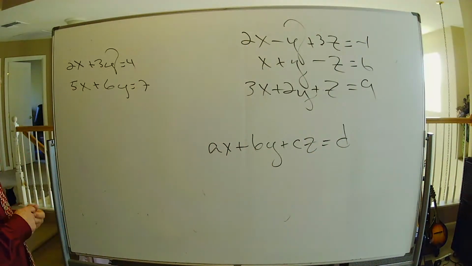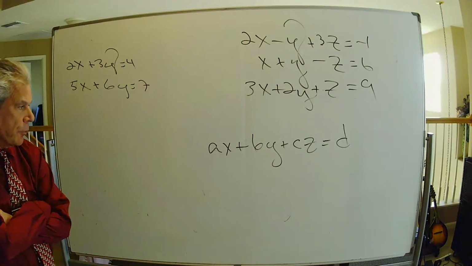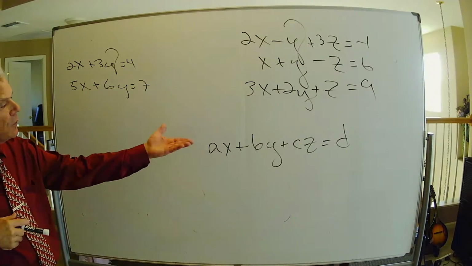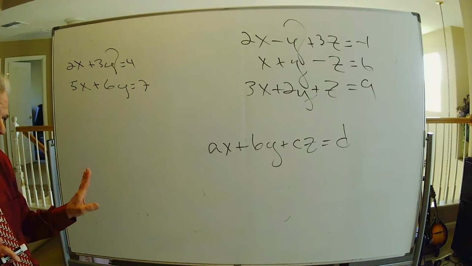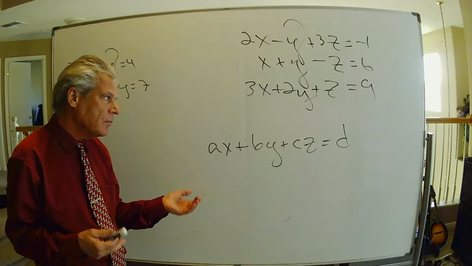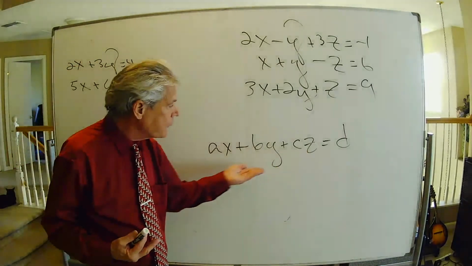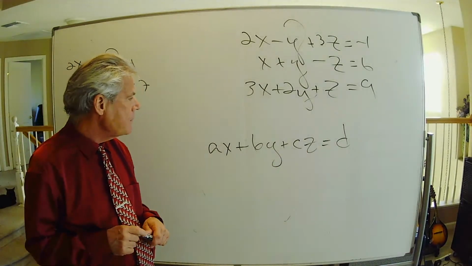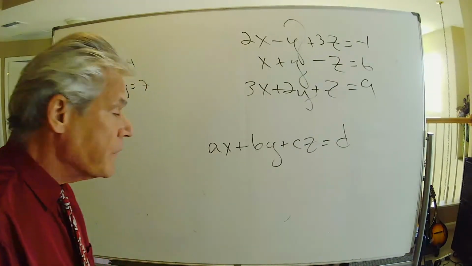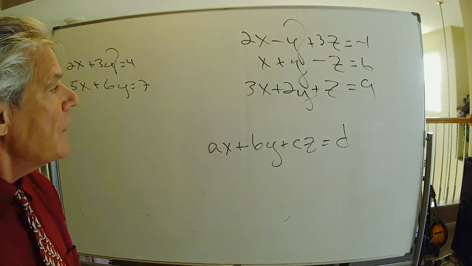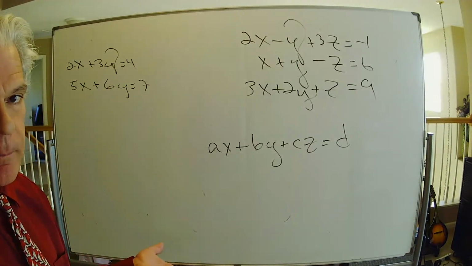Only three variables for that. I'm going to make the assumption you have seen that before. I can't tell you why this equation is a plane yet. I've got to talk about a dot product prior to discussing that. But if we could just, at this stage of the game, understand that an equation is formed where x, y, and z are variables, a, b, c, and d are mere real numbers, they could be 0, that represents a linear equation in three unknowns, and geometrically speaking, represents a plane.